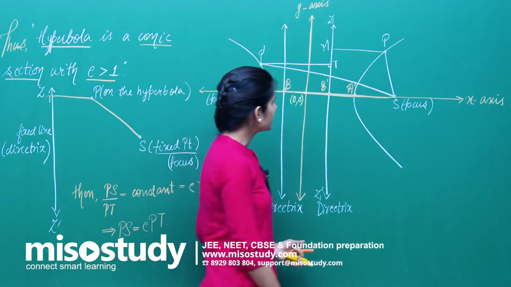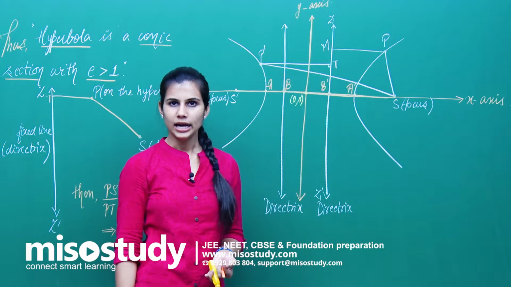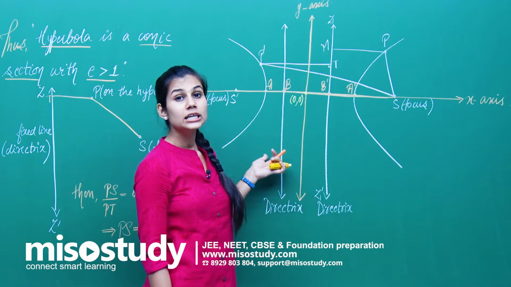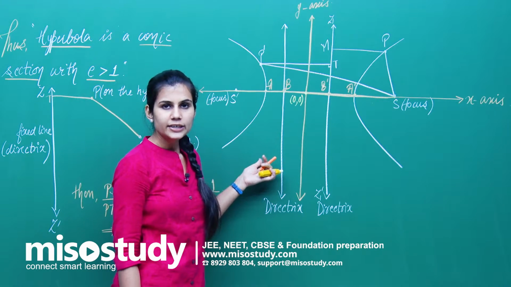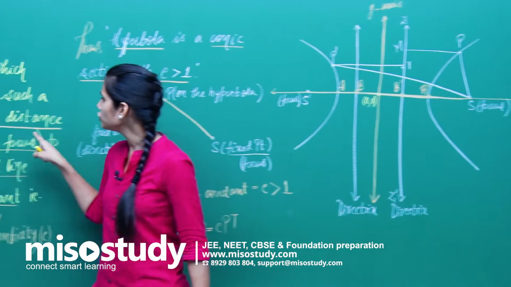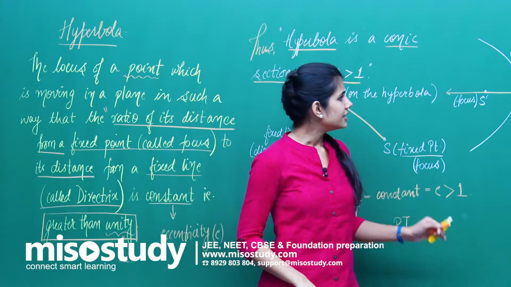This figure that you can see is what is called a hyperbola. Understood? So if this is the hyperbola, or I should say that this is the curve or this is the conic section, which is nothing but the collection of all the points which are satisfying this condition, then this is that figure.